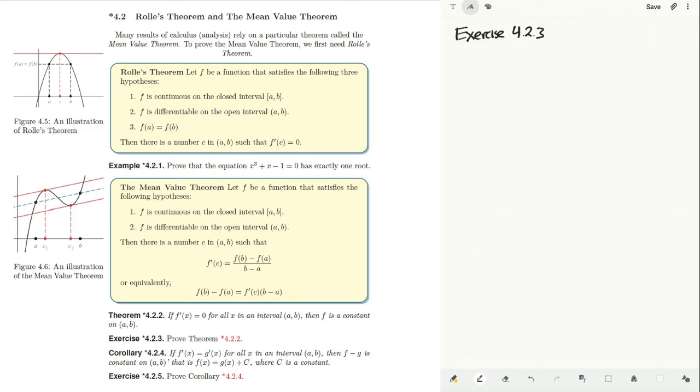Now let's use the mean value theorem to prove the following theorem. If f prime of x is equal to 0 for all x in an interval from a to b, then f is a constant on that interval. So let's let x1 and x2 be any two numbers in the interval from a to b such that x1 is smaller than x2.